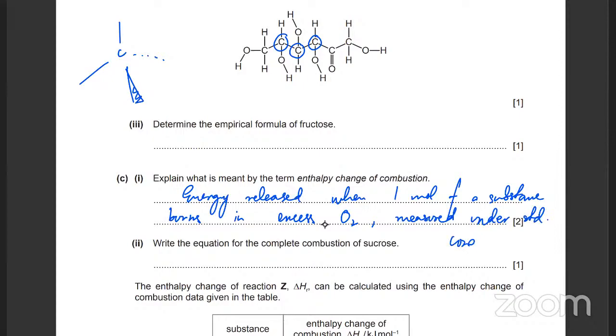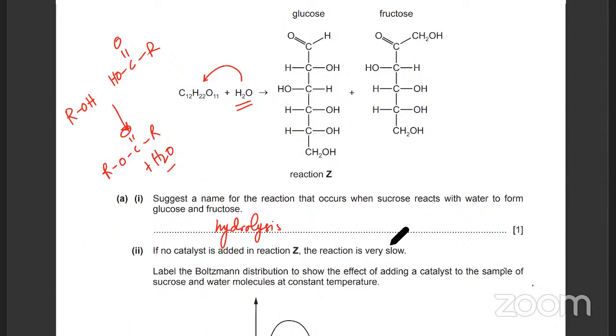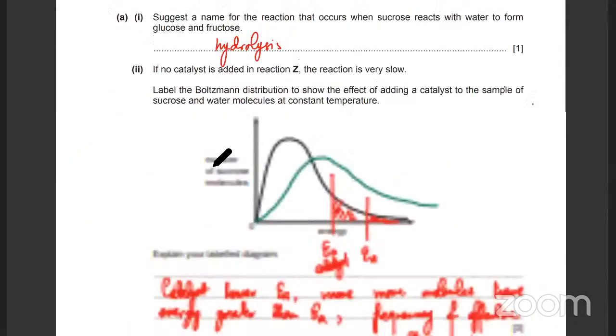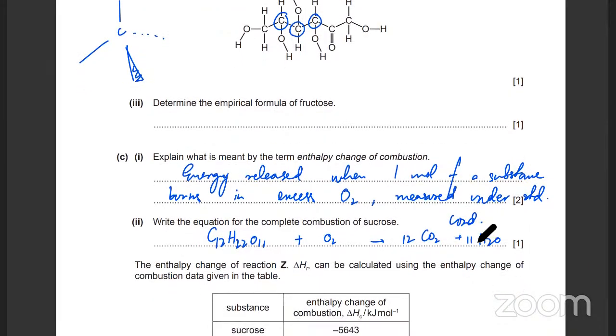Write the equation for the complete combustion of sucrose. That's probably going to be easy as well. That's C12H22O11 plus O2 gives CO2 plus H2O. 22 hydrogens, so that's 11 H2Os, 12 carbon dioxides, that's 24 plus 11, that's 35.